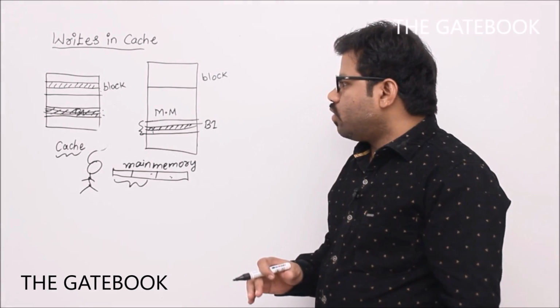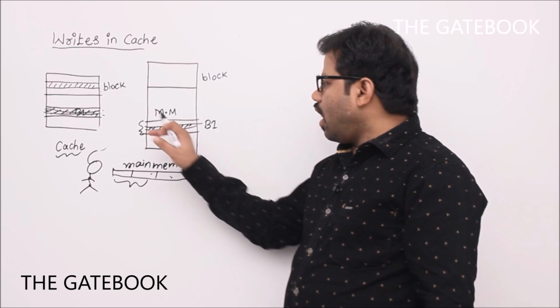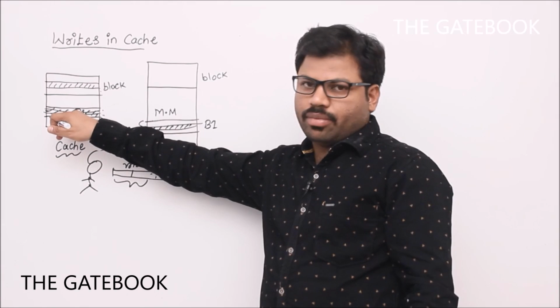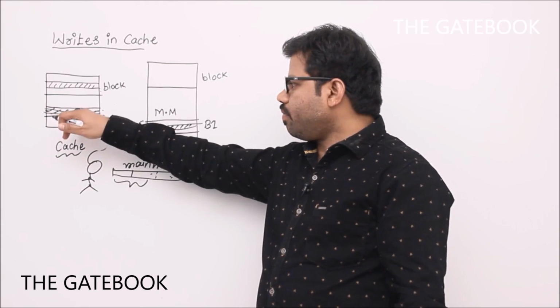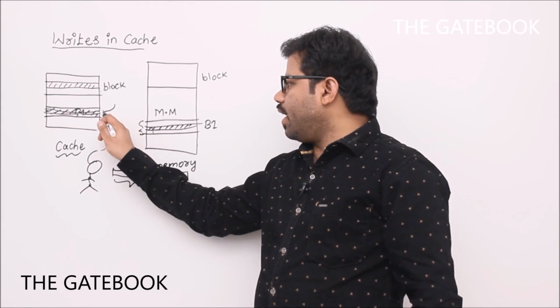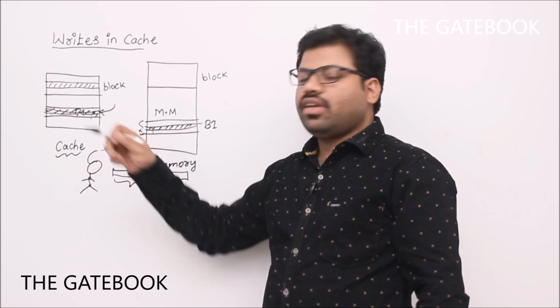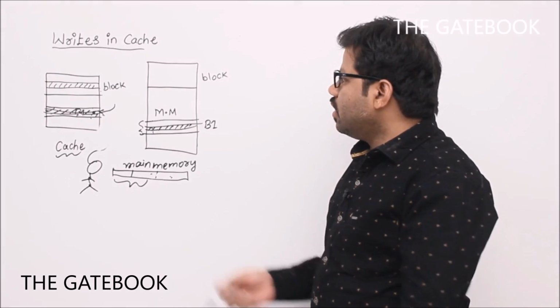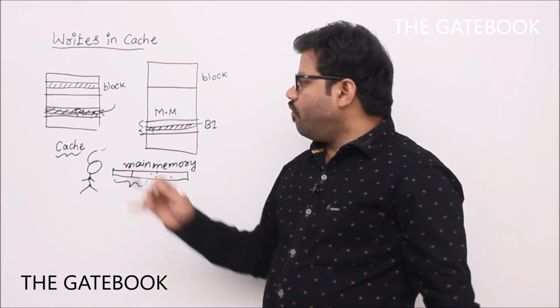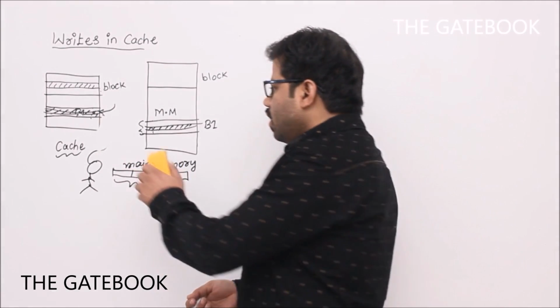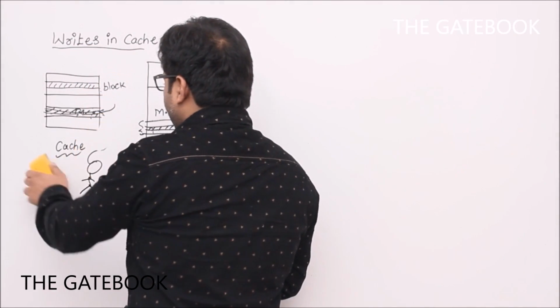What I would like to say is, finally, the whole main memory block which you are referring to will be transferred to the cache. Remember this. Then after that, we read this cache block again, and especially we read our desired word, right? This is about reading. So reading is done. We have seen what happens when you get a hit and when you get a miss. Now we will see writes explicitly.